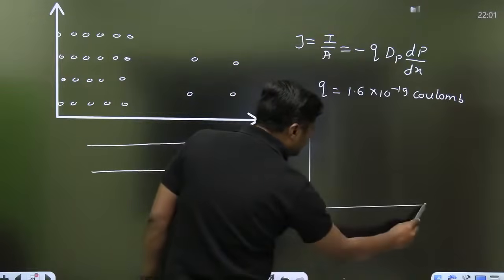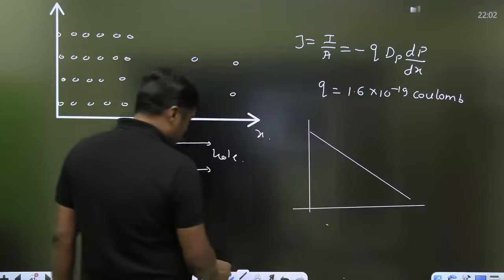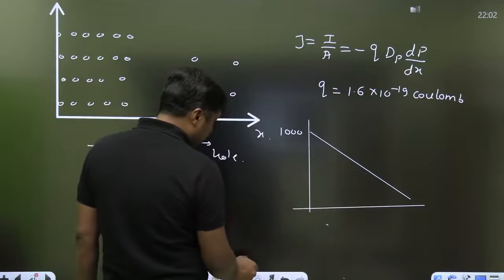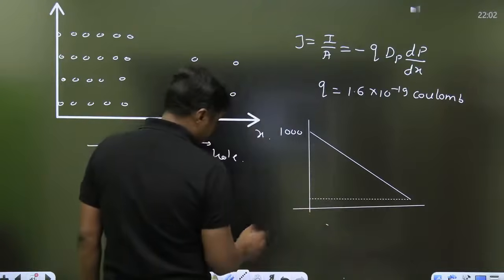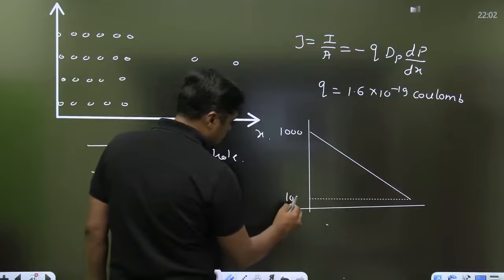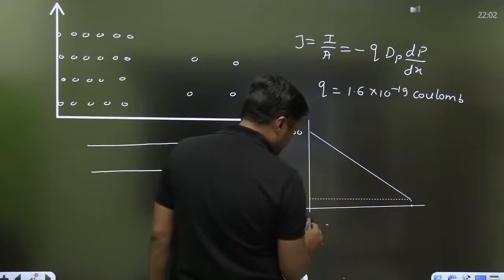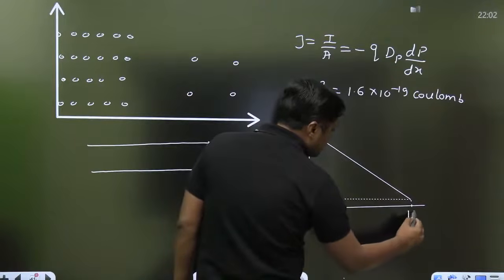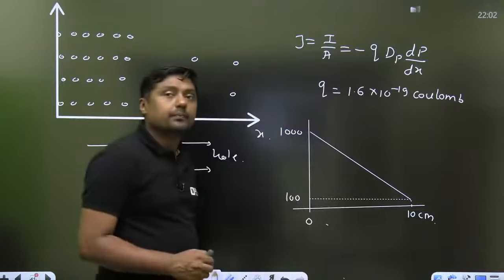Let there be a linear decrease in the concentration. Concentration at this point is 1000 and the concentration at this point becomes 100. The distance at this point is 0, and the distance at this point is 10 centimeter. Tell me, what is the slope of this line?